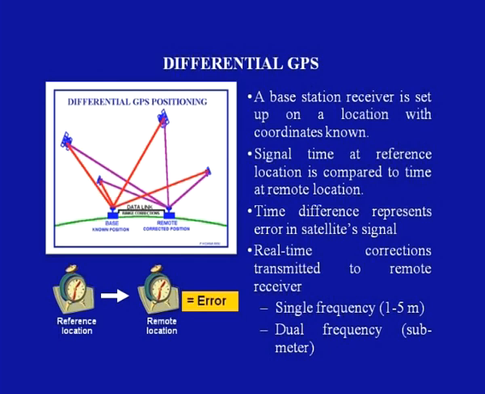Real-time corrections transmitted to the remote sensing receiver may vary upon the type of frequency configurations that we may have. If one is using a single frequency GPS, then probably the corrections could be of the order of 1 to 5 meters. However, this can be reduced to sub-meter if dual frequency GPSs are being used for differential GPS.